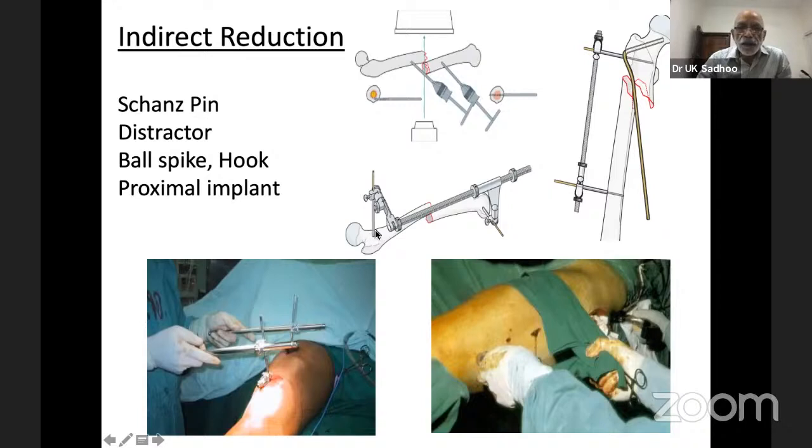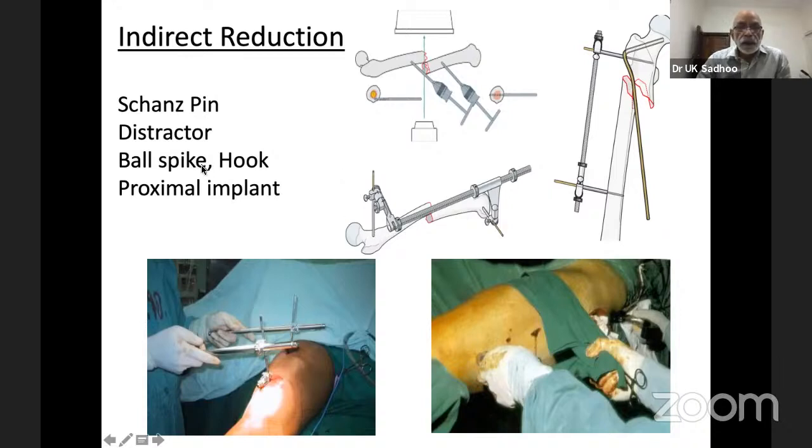So if you use the Schanz pin, you have a very good hold of the proximal fragment, and the AO distractor has a graduated lengthening. So you can overcome almost any overlapping, but it's a tricky instrument to negotiate.